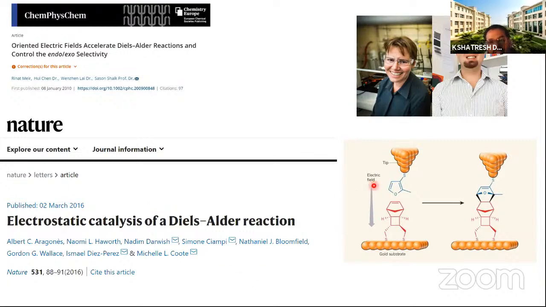What she did was attach the same compounds to gold plates and apply an electric field, like a voltage difference along this way. She found that whenever the reaction is going on, the circuit is completed and there is some type of pulse. Whenever she increased the potential difference, the rate of this pulse increased, meaning the rate of product formation was increasing.